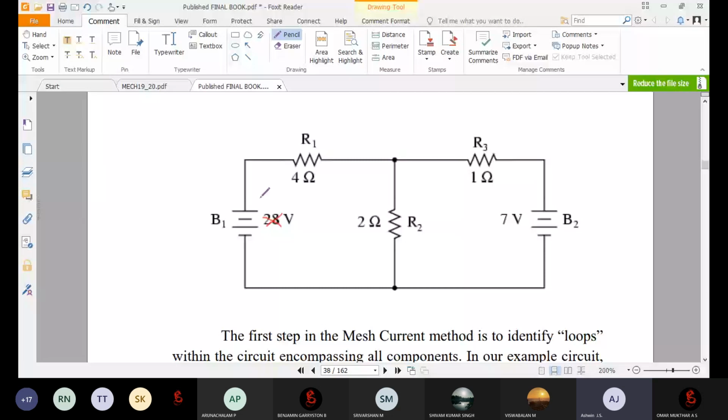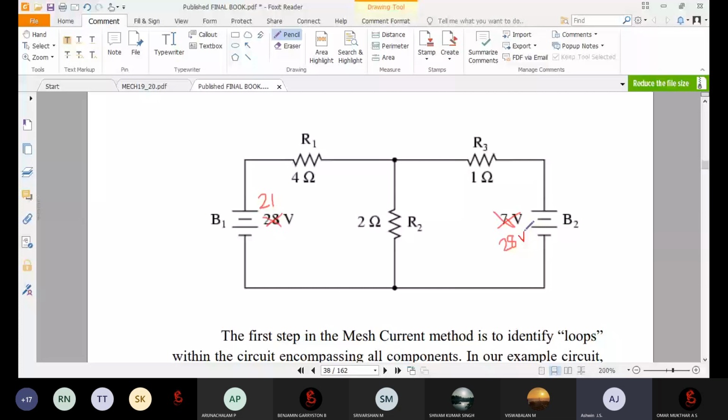Okay, as you wish. Your favorite number. 21 and the other one? Let it be 28, sir. 28. Not that much difference, but I make a huge difference. 28 volt, and this is 21 volt.